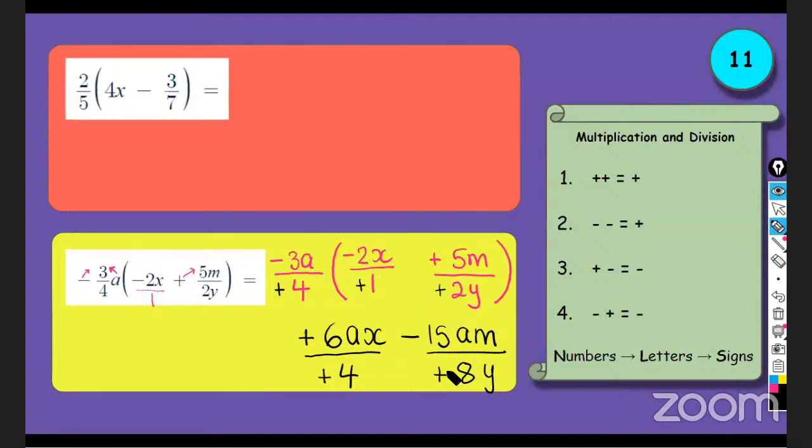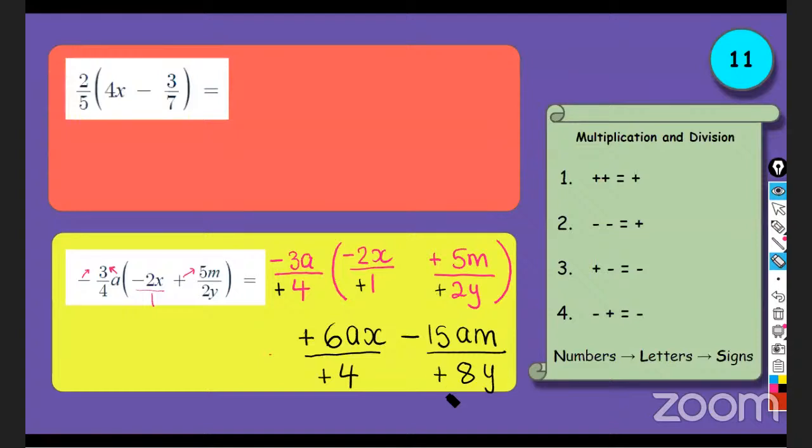Okay? Can the signs here be simplified? I think we could simplify it here a little bit, right? I will simplify it on this same line, but for those who need to take down up to here, take down up to here, and I will simplify it. So a positive divided by a positive. If you go back to your rules, when you divide a positive by a positive, you get one sign. And here's a negative and a positive. When you divide a negative and a positive, you get what?